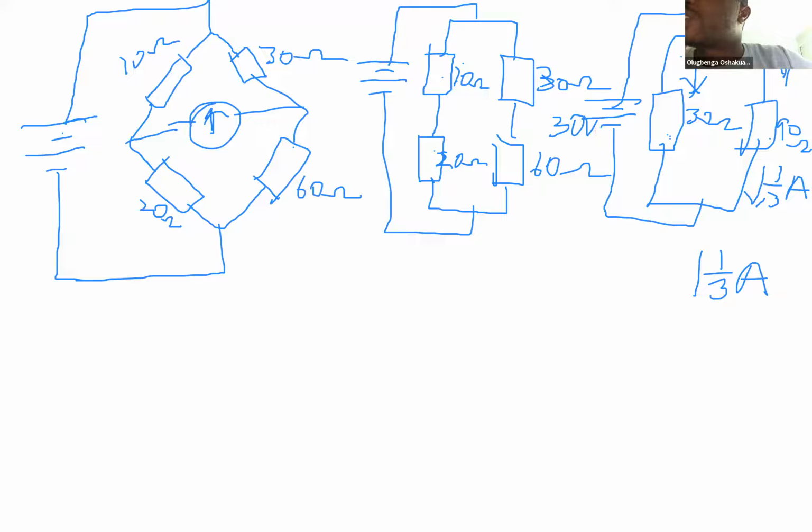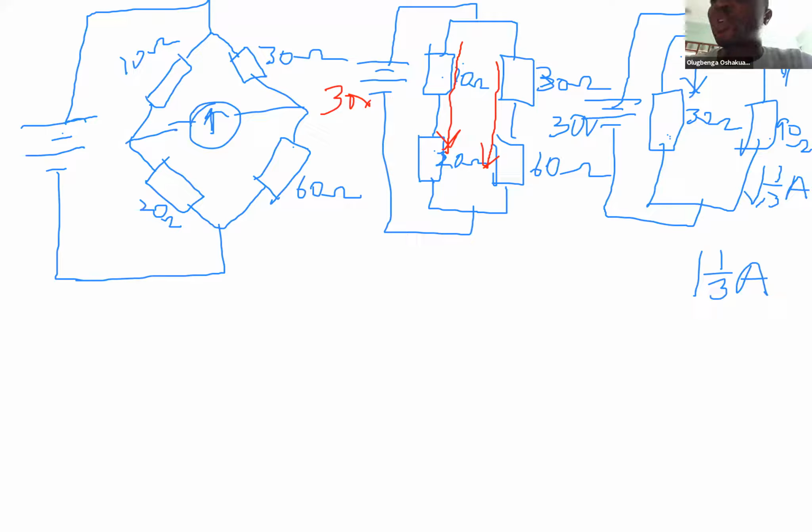You would observe that the current that will flow out will be 1 over 3 amperes, or 4 over 3 amperes. So now coming back to what I was saying, when we still maintain this to be 30 volts, and we said 1 ampere flows through the 30 ohm resistor, it means that 1 ampere will flow through the 10 ohm resistor and 20 ohm resistor. And when we say 1 over 3 ampere flows through the 90 ohm resistor, it means that 1 over 3 ampere will flow through the 30 ohm and the 60 ohm resistors.